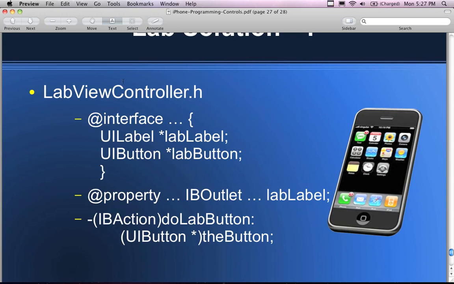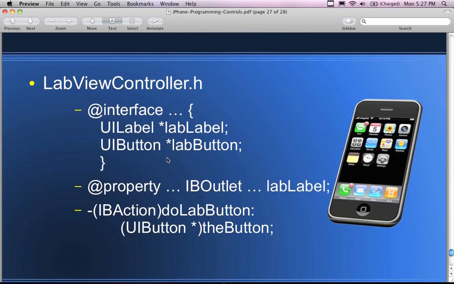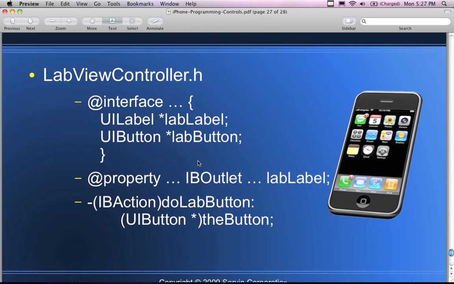So in terms of the contents of this lab, if you were to create a view controller, it would be the LabViewController.h file that would have the template as we know so far, and we've seen this part before: the interface, creating the label, creating the button, the properties for the IBOutlet and the label themselves, and for the UIButton and the IBAction.